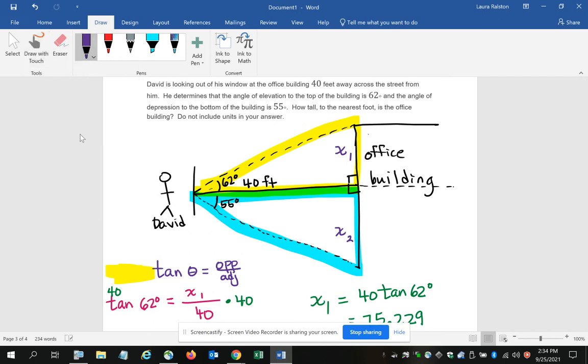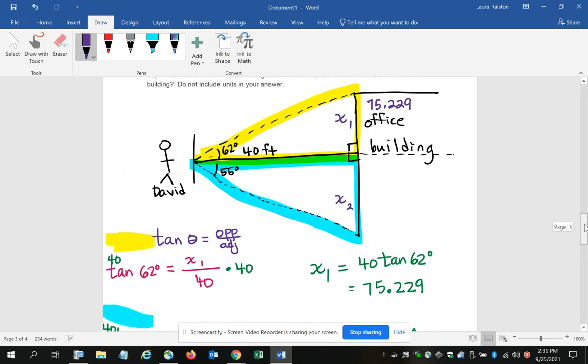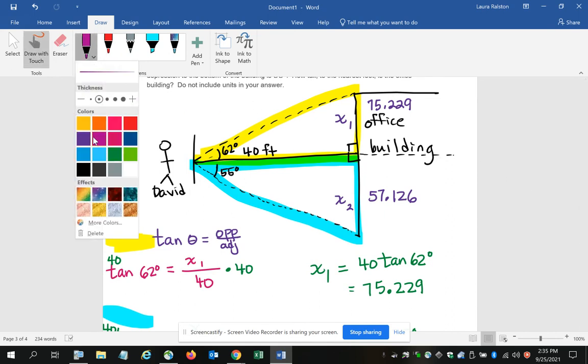the office building to be 75.229. I found the bottom of the building to be 57.126. So to get the height of the entire building as a single number, I have to add those two values together.